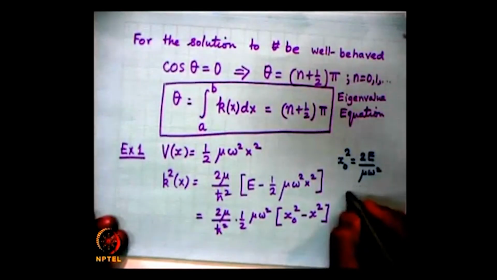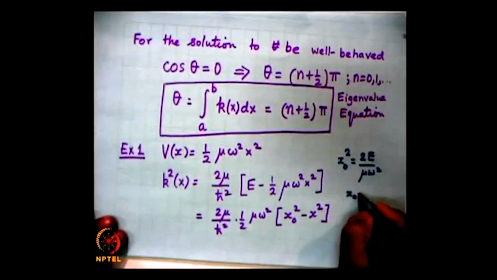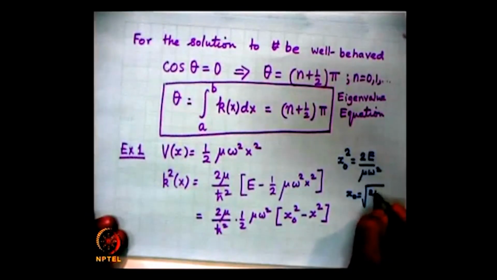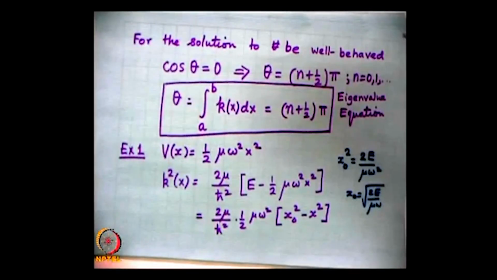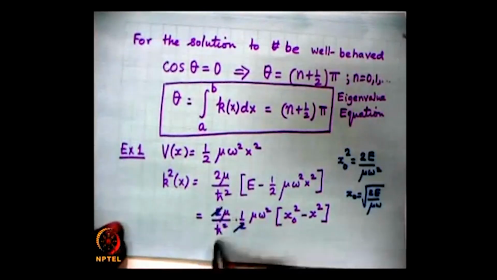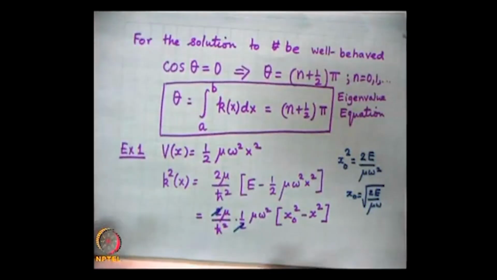So, x naught is the classical amplitude, as we have discussed in our last lecture. So, x naught is the turning point. This 2 cancels out and you get mu square omega square by h cross square.